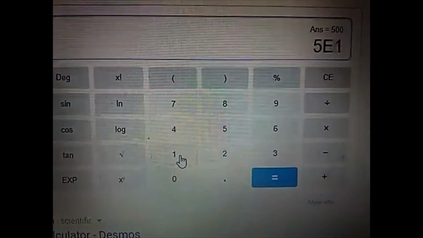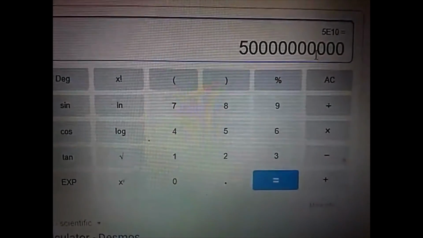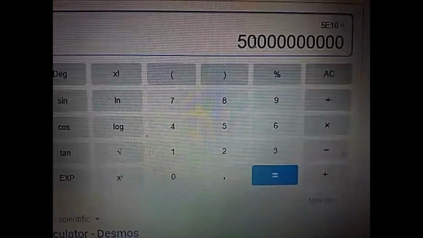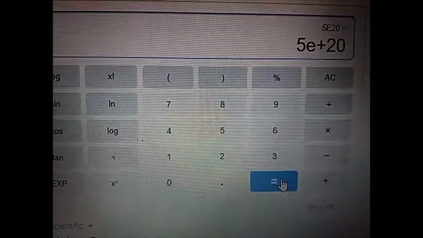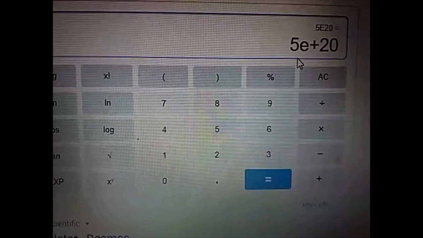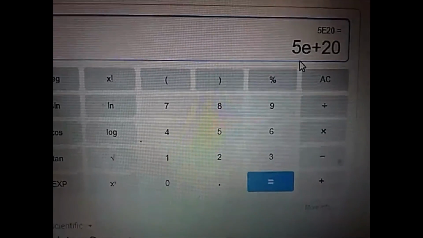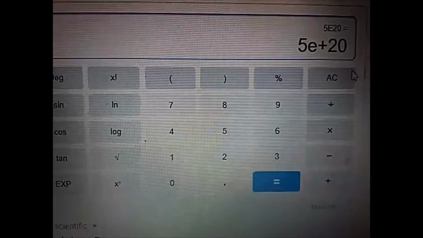And if you took 5 with the capital E of 10, you get 50 billion. Now what would happen if you submit an even higher number, such as E20? You get this number, which is 20 zeros to the right of 5, which is an extremely large number.